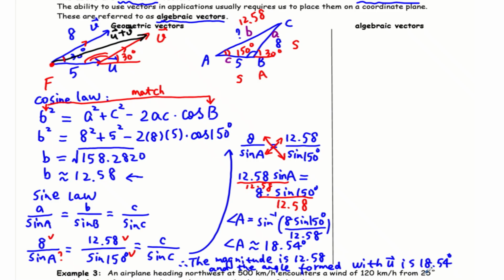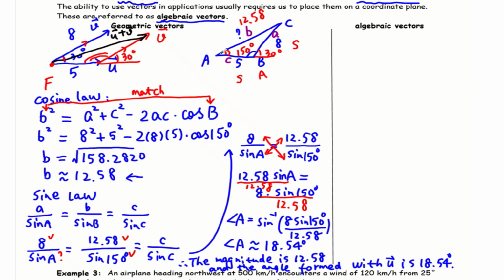So that is the answer. We use sine law, cosine law, trigonometry to find the magnitude, the length of this side, and also the angle formed with one of the vectors.